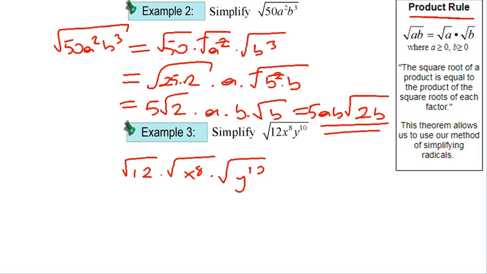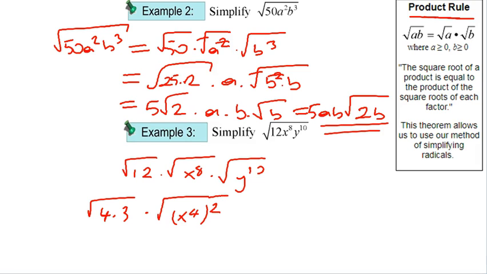We're going to play with these square roots algebraically a little bit more. I can rewrite the square root of 12 as the square root of 4 times 3, as you see that 4 is a perfect square, times I can rewrite x to the power of 8 as x to the power of 4, to the power of 2.